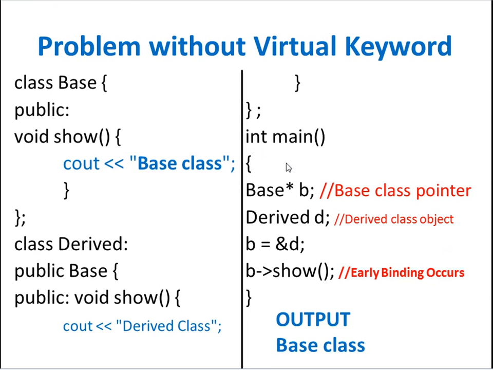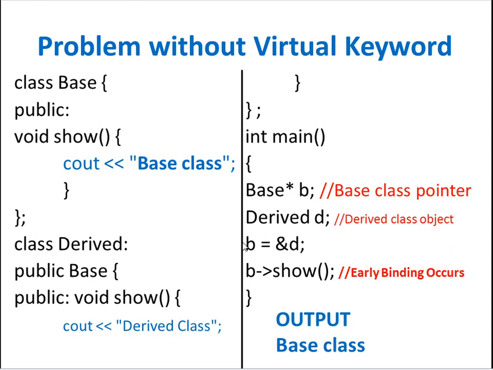Now the role is here. Suppose we have created a pointer, base star b, which means a base class pointer is created. Then derived d, one object of the derived class d.